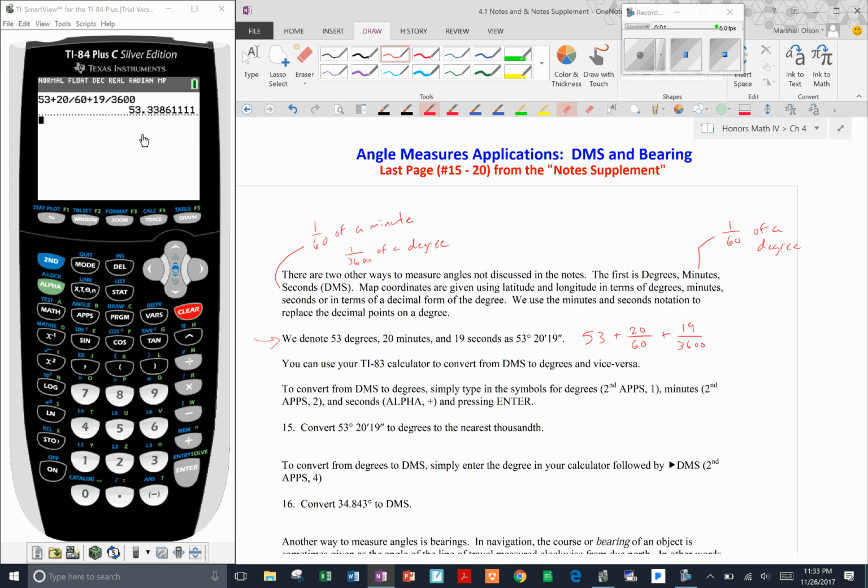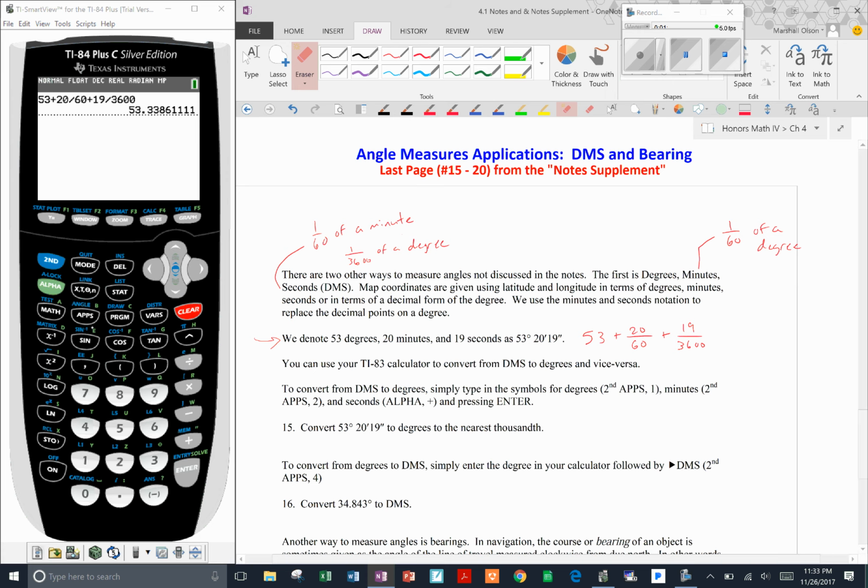So one way to calculate it is by using the definition of what minutes and seconds are, and then by hitting enter we just get it as a decimal. The other way to do that is to actually use your calculator's angle menu in order to convert.